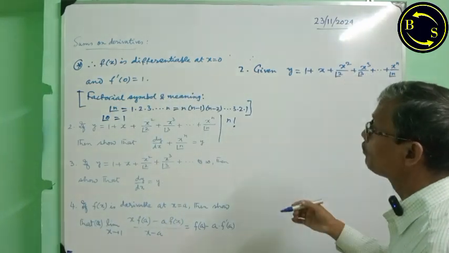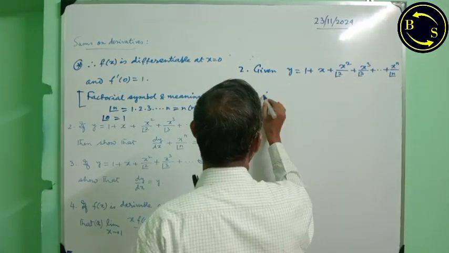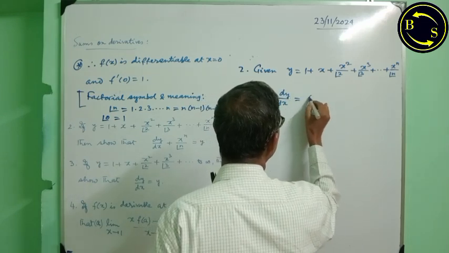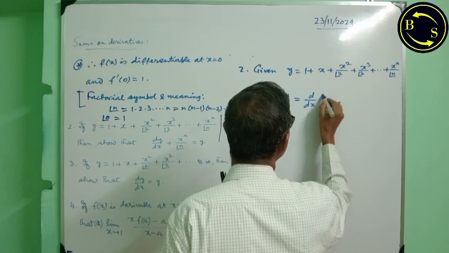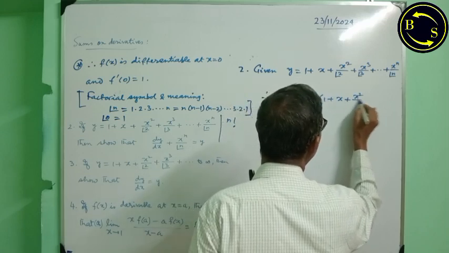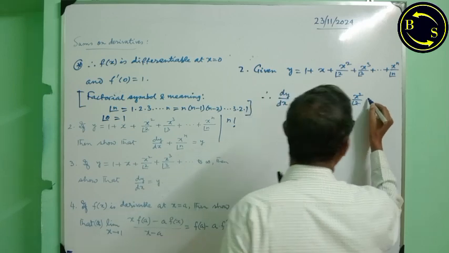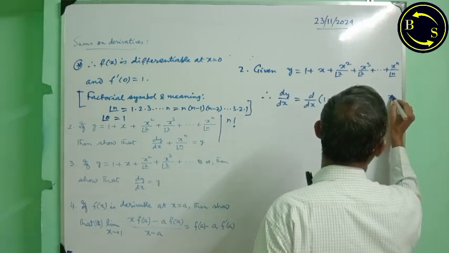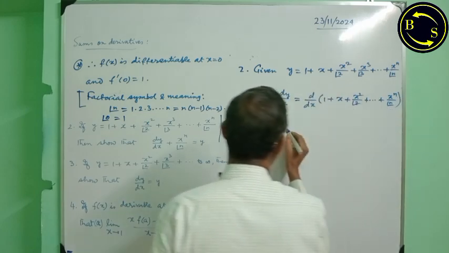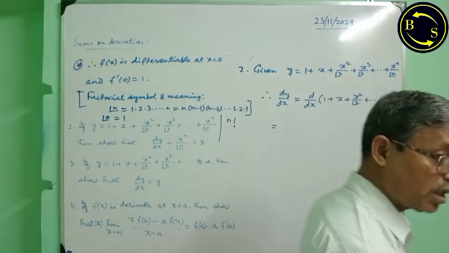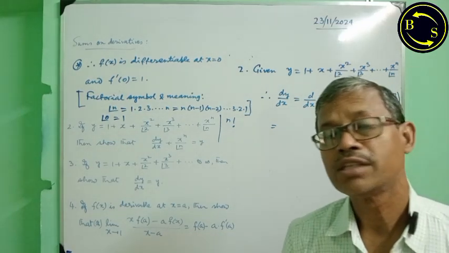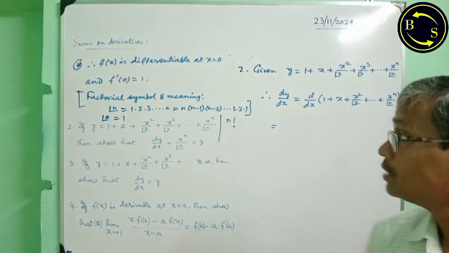Now this sum, dy dx is equal to d dx by applying that addition law or sum law, d dx of u plus v equal to du dx plus dv dx.